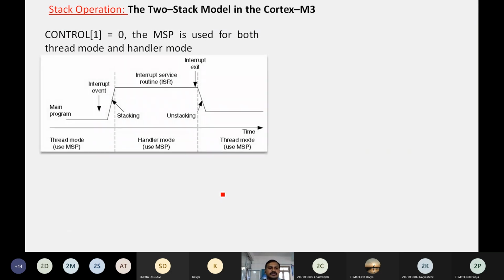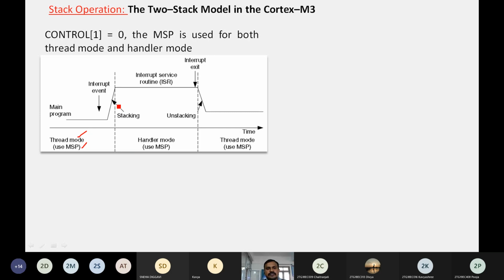As we discussed, this is the diagrammatical representation of the MSP. The main program goes on executing under thread mode using the main stack pointer, the default stack pointer. Whenever a subroutine is called or an interrupt event has occurred, we are going to start using the stack.